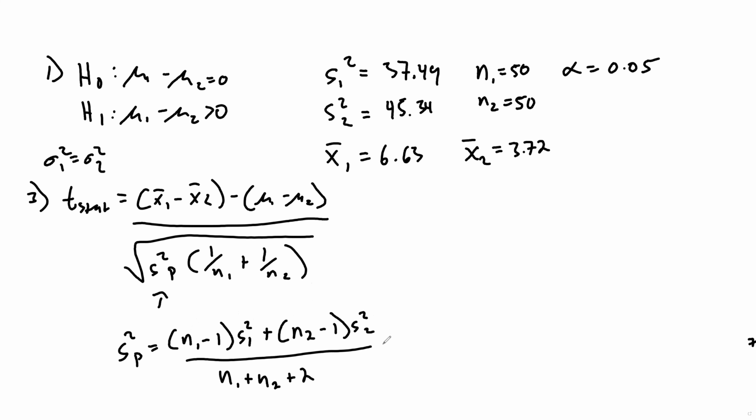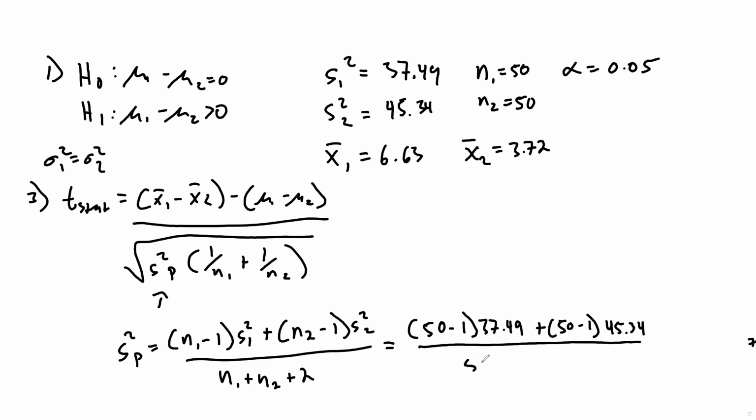If I were to plug all the values in, it would be 50 minus 1, times 37.49, plus 50 minus 1, times 45.34, divided by 50 plus 50 minus 2. The value I would get in return is 40.42.